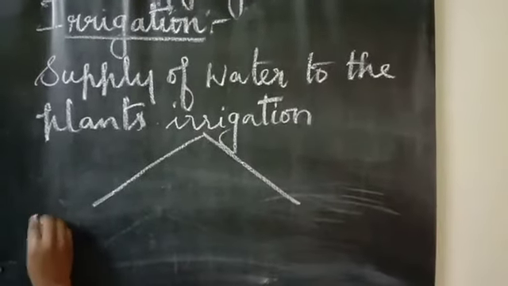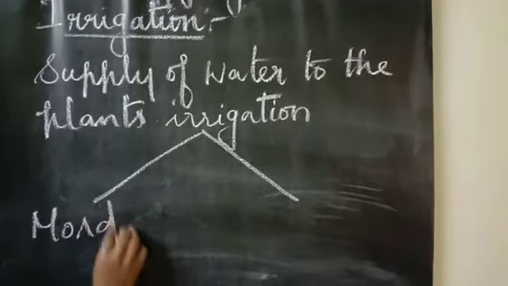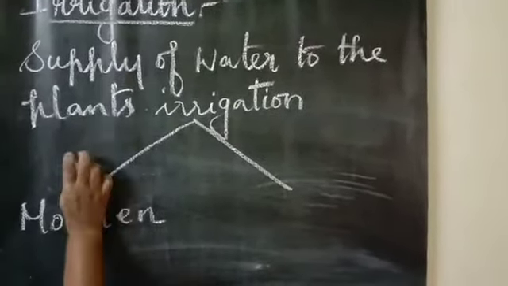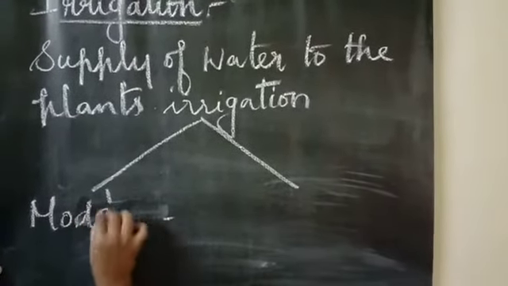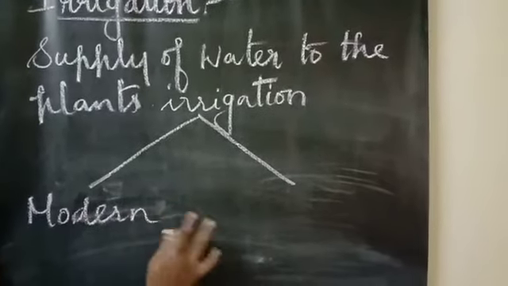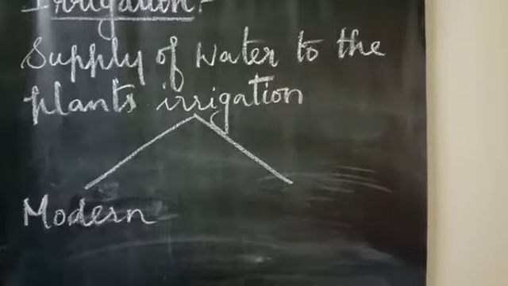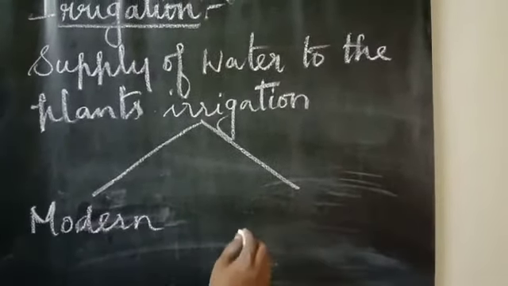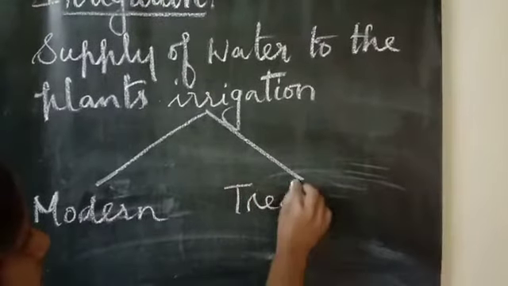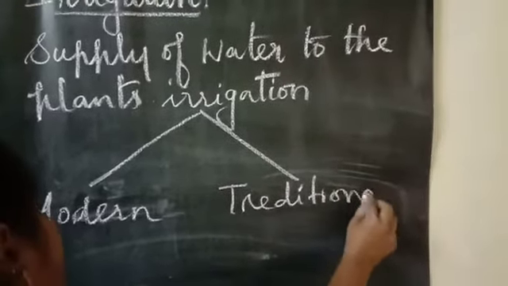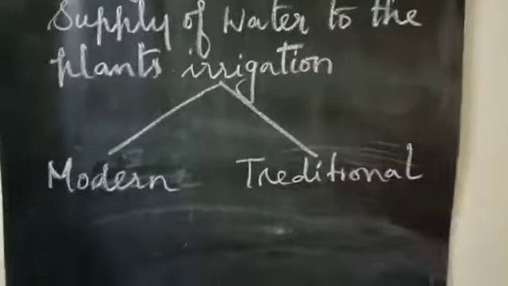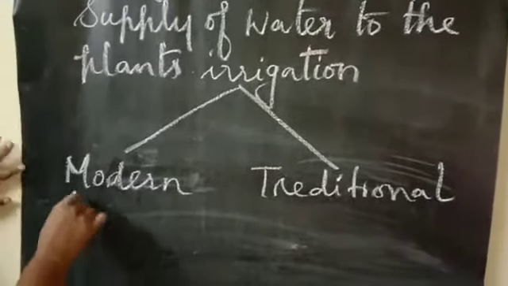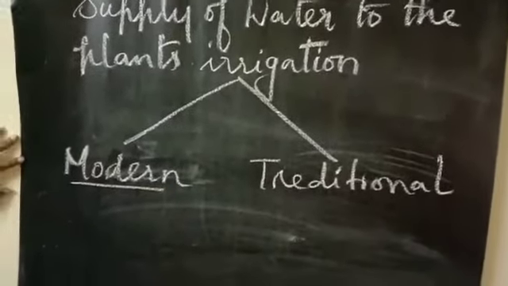One is the modern method and the other is the traditional method. The modern method is what we use nowadays, modern irrigation.